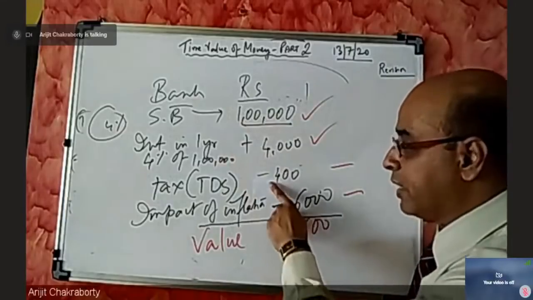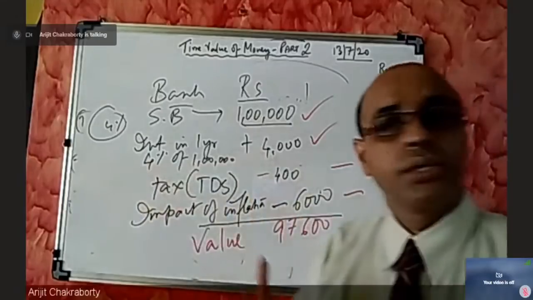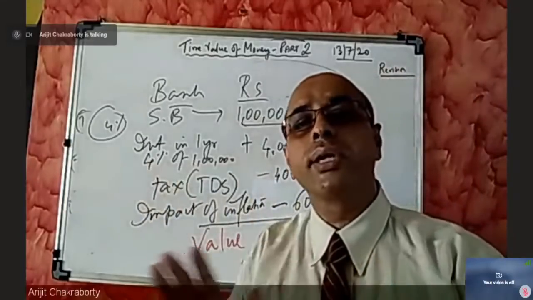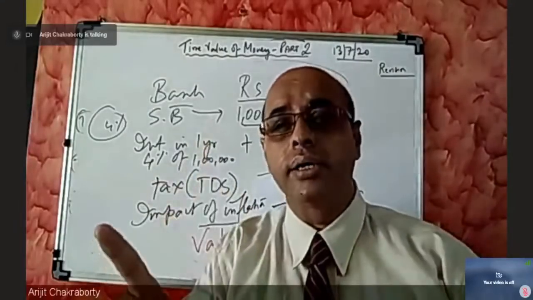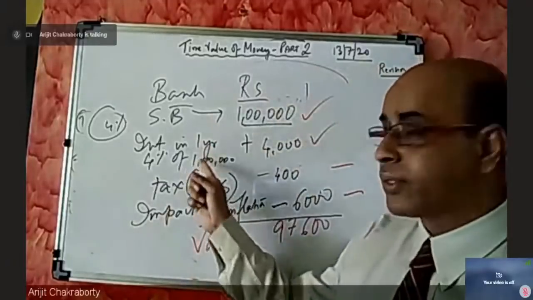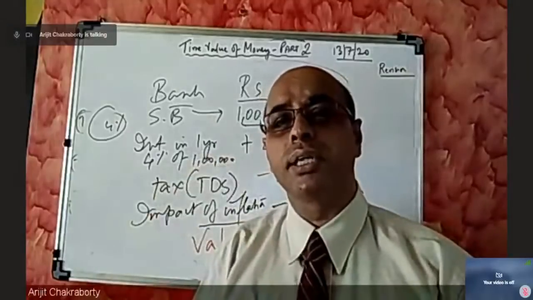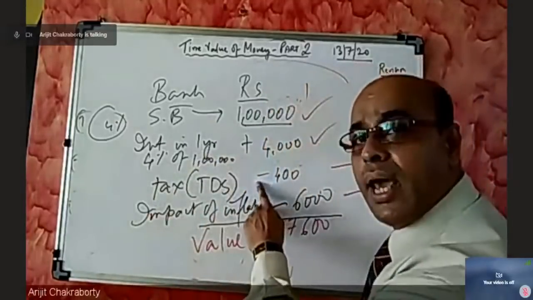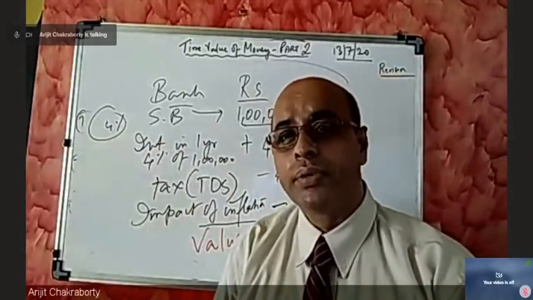Right? I have to pay tax of 10% and I have got interest of 4%. So you understand, 4% interest is not enough. I at least need to earn more than the inflation. If the inflation is 6%, the interest which I should earn should be at least 7 to 8%, so that after paying the tax and after covering the inflation, I have something extra.